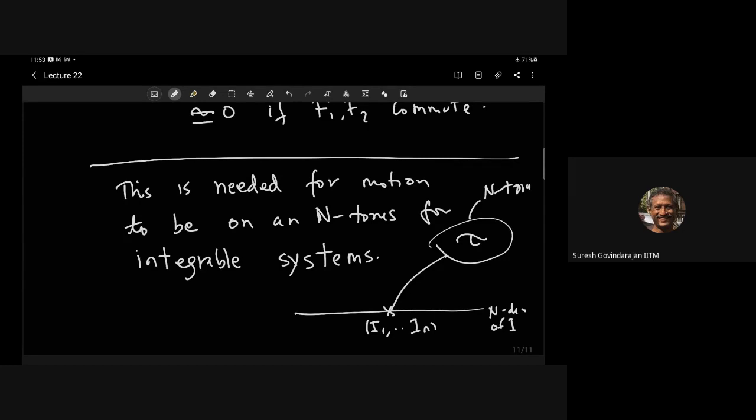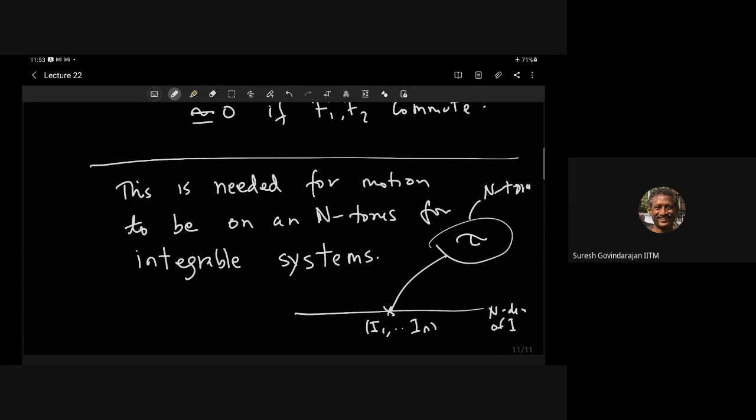And one more thing which I did not explain: why did we choose the integral of p dq? Why not work with E? The integral of p dq is something called an adiabatic invariant, in the sense that if you vary parameters, the functional form of I will vary slowly, will not change to leading order. Let's put it that way.